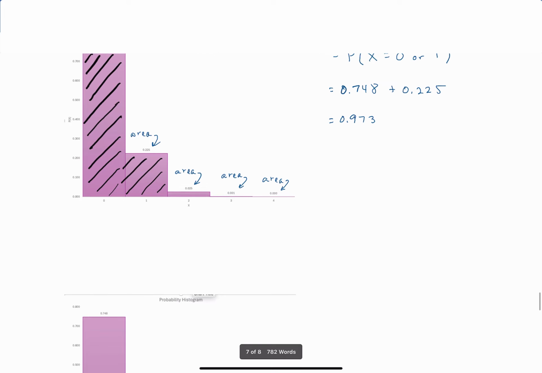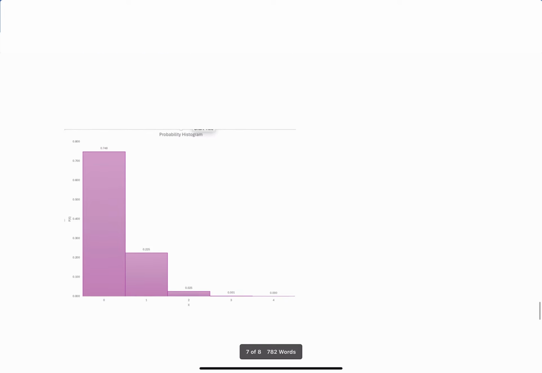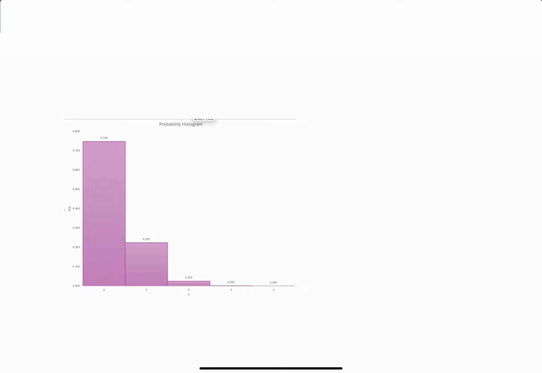The last question we were asked was the probability that at least 2 people in the sample have blood type O negative. So that's the probability that X is at least 2, meaning the probability that X is 2 or 3 or 4. And again, we're going to get this by adding up the areas.